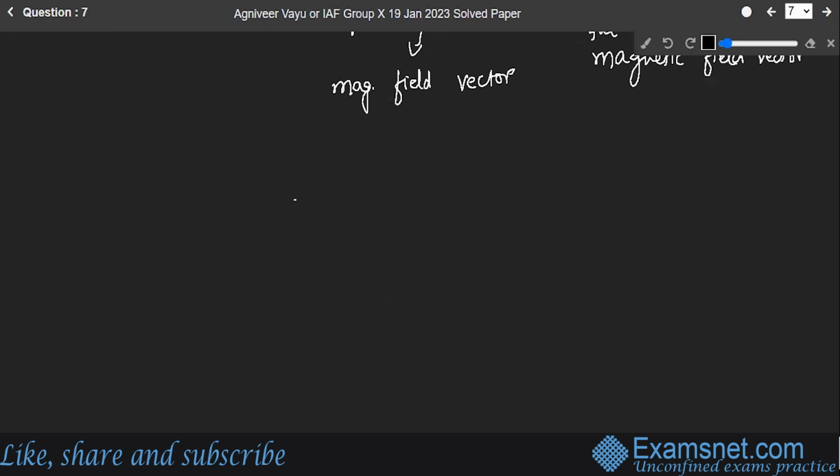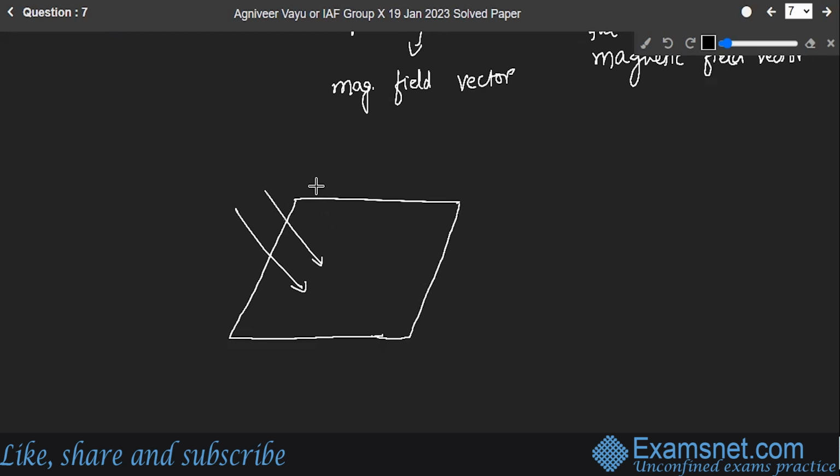Here is the surface. This is the normal to the surface. This is the angle theta between the normal to the surface and your magnetic field vector B. This is the magnetic field vector B. This is having the area A. Hope you understood this.